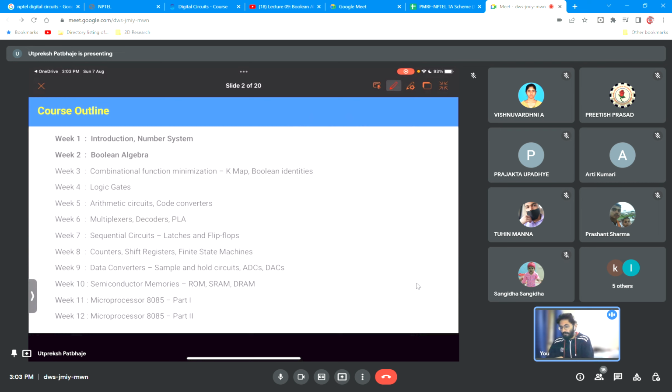Last time we covered a bit on introduction and some basic problems on number systems and why we use them. And this week you guys have finished till combinational function minimization. So K-map has been started. This week I will be covering problems based till Boolean algebra.